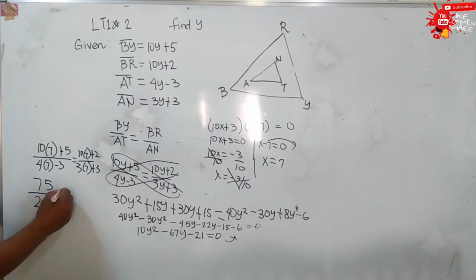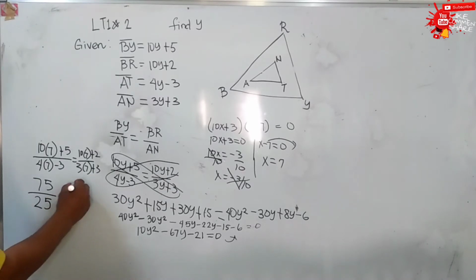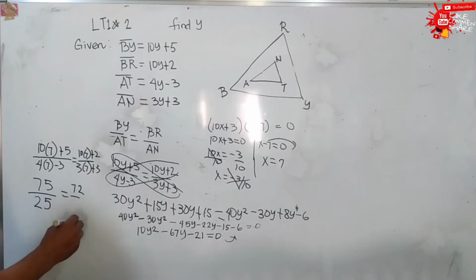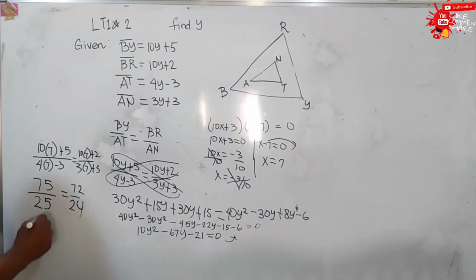Okay, next. 10 times 7, which is 70 plus 2, 72. And 3 times 7, 21 plus 3, that is 22. Okay, kung ilo-lowest term po natin yan, this is 3 over 2 and 72 over 22.